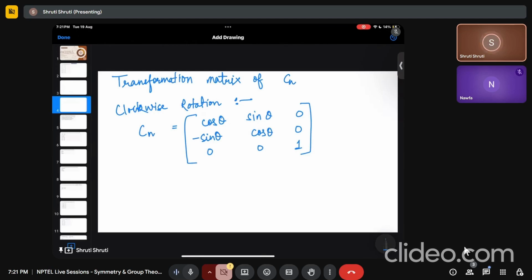For any Cn rotation, clockwise is denoted as minus. Generally, if it is Cn, it means anti-clockwise. If it is clockwise, then I denote it as minus, meaning the opposite direction. Now, C3 squared is what? Clockwise by 120 degrees.